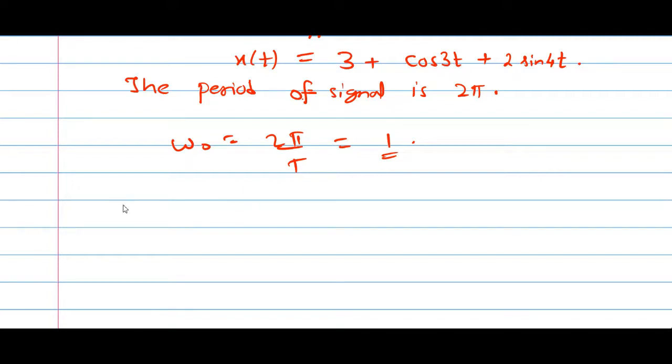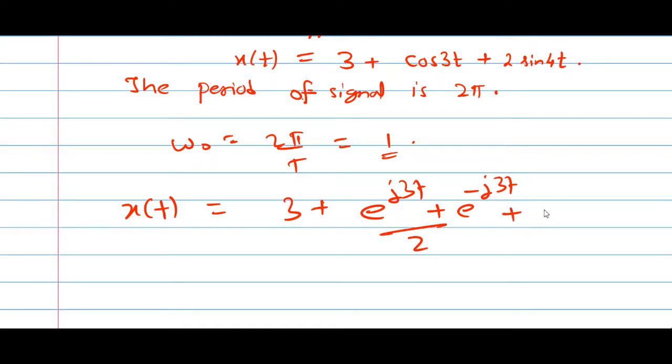Then what you can do, you can write x of t as 3 plus e raised to j 3t plus e raised to minus j 3t upon 2, plus 2 times e raised to j 4t minus e raised to minus j 4t upon 2j.